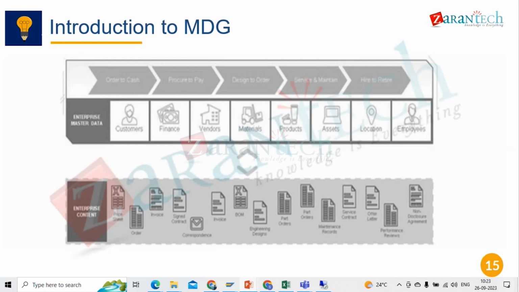I will show you by creating one business partner master data, and from there how we maintain a vendor as a customer and a customer as a vendor. This is the use of business partner when we create vendor or supplier master data.